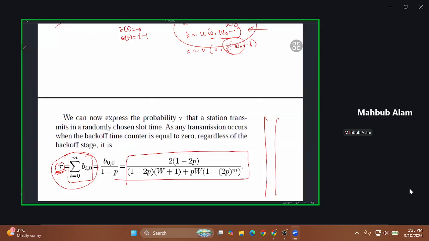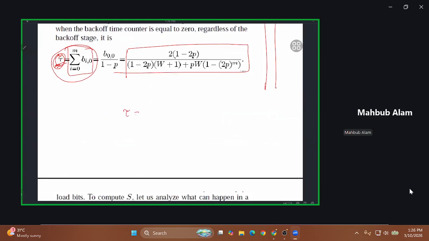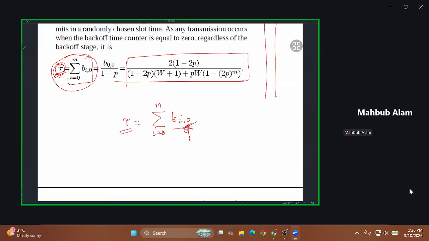Assume that we have a probability tau that a station transmits, where i is equal to 0 to m. Whenever the station reaches the backoff counter value 0, it transmits. So the probability that a station transmits is when it reaches this backoff counter value 0. If you have any questions, please.